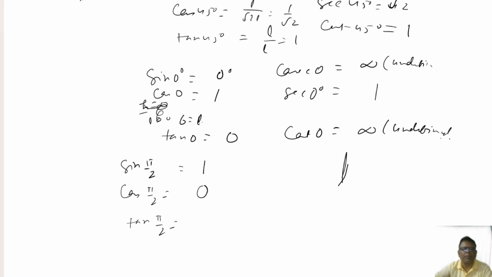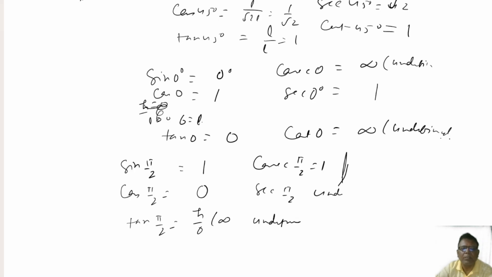Tan pi by 2, height becomes L and base becomes 0. So height by 0, infinity, undefined. So what will be cosec pi by 2? Cosec pi by 2 is equal to 1. Sec pi by 2 is undefined, and cot pi by 2 is equal to 0.